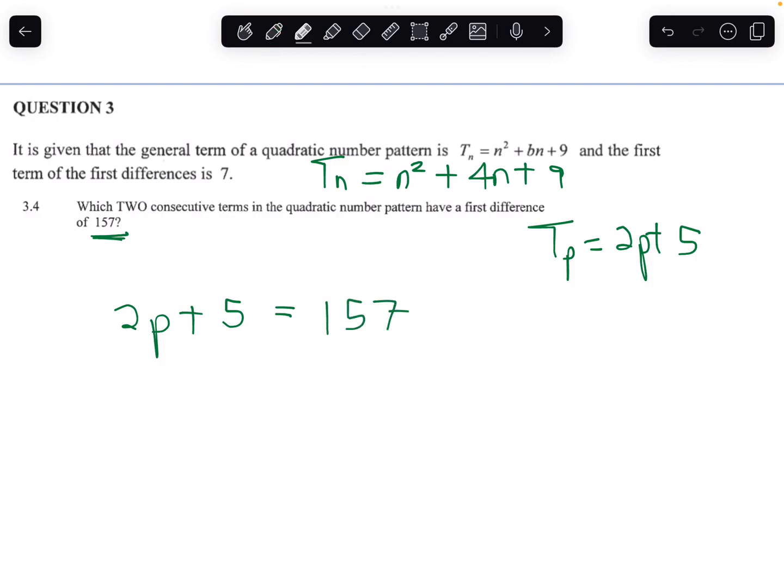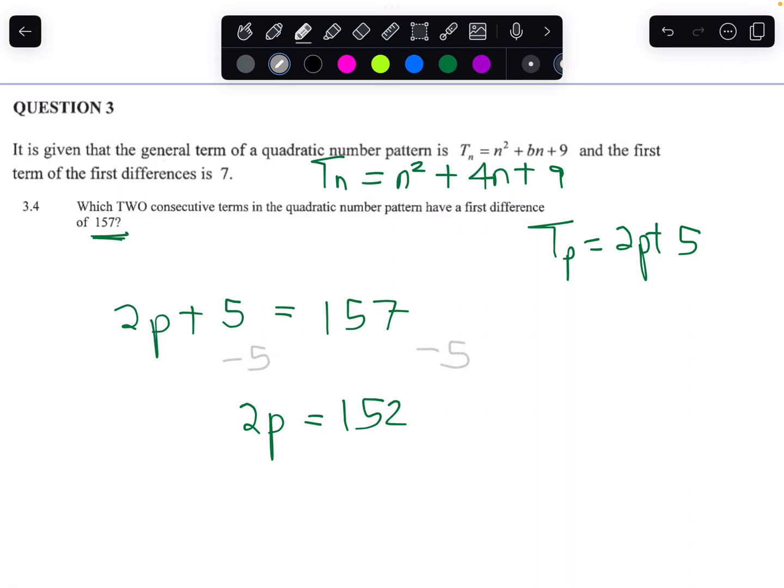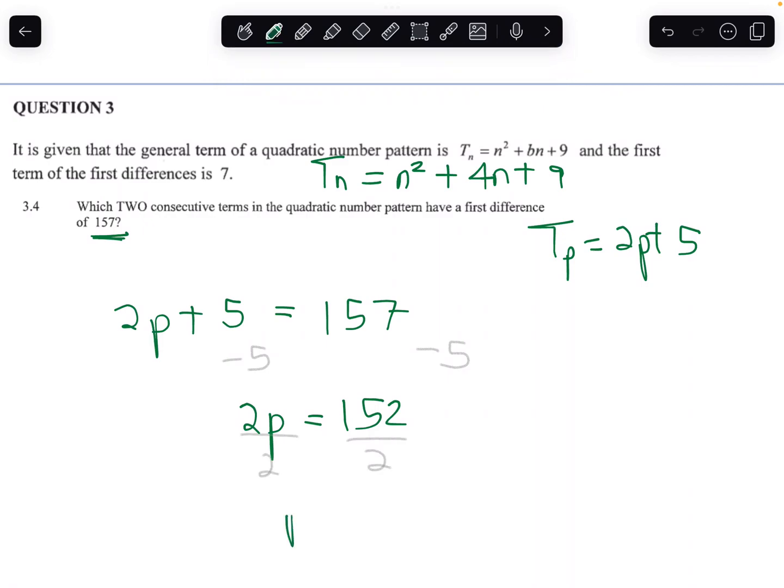So we can then minus 5 on both sides, and we have 2p is equal to 152, and then divide by 2. So then we have p is equal to 76. So we now know that the 76th first difference is 157. So the next question is, well, which two terms does it occur between?